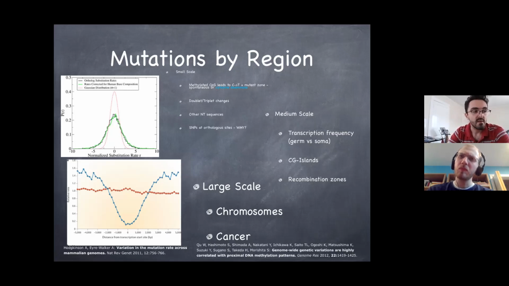And because they mutate so frequently, they're less abundant. And actually, what the cell will do is protect those areas by methylating. In this case, I'm talking about different kinds of methylation.